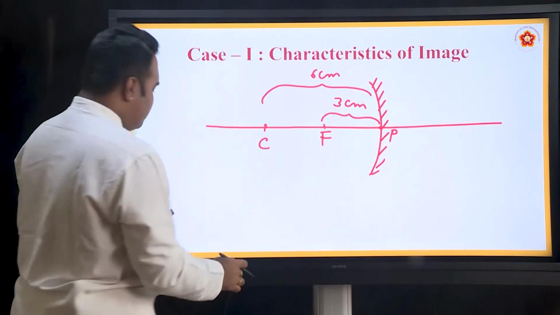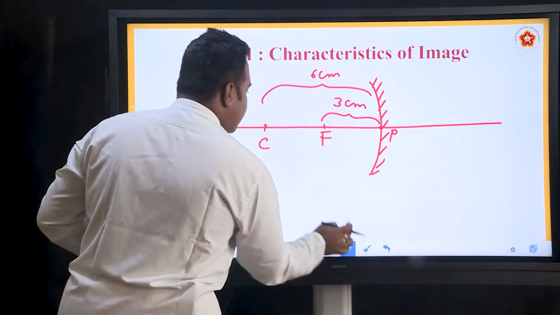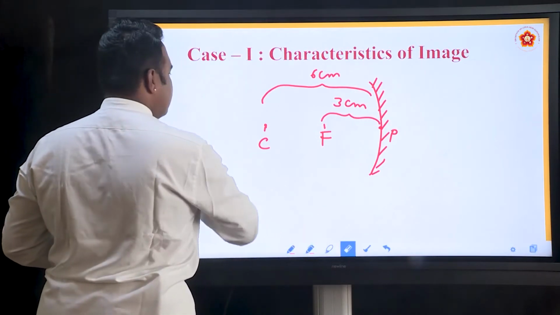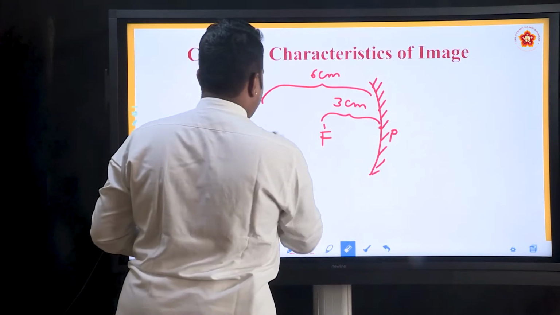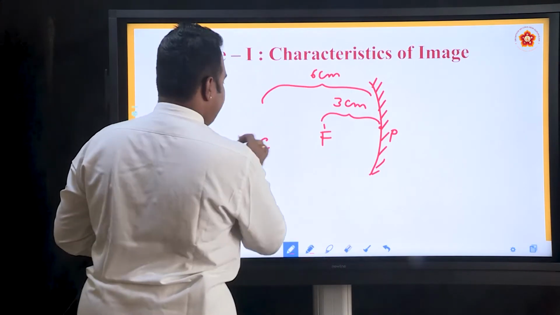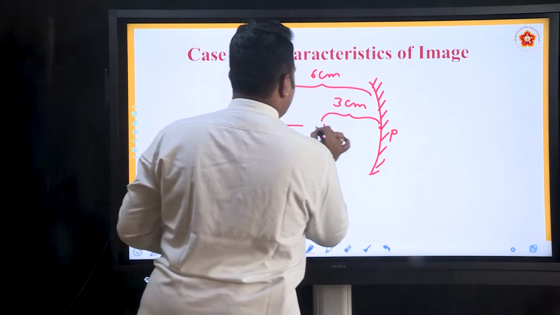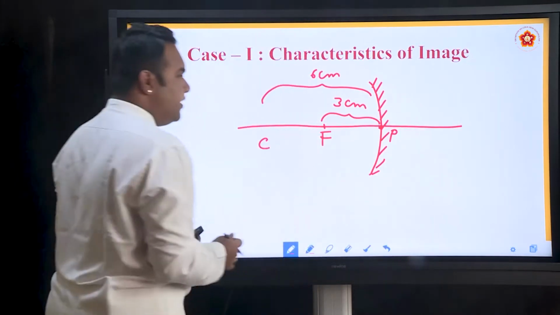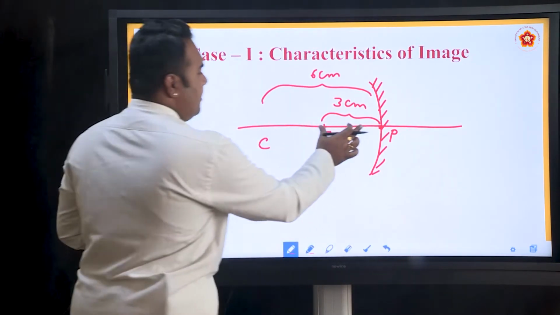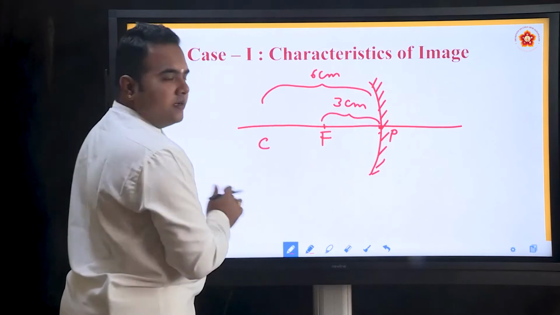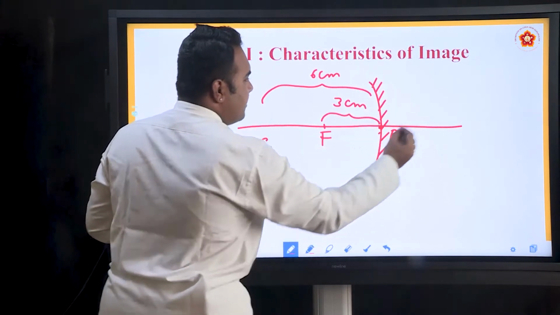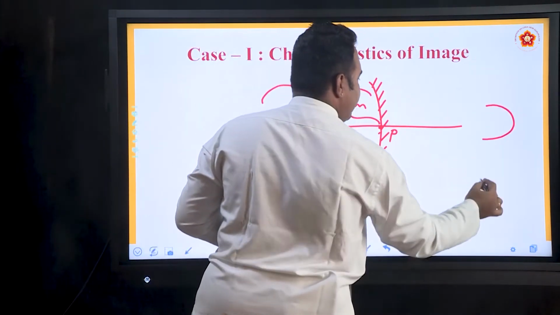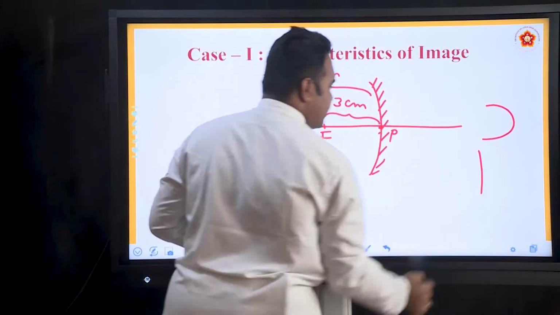So this is how we draw the image. We need to use a scale and take the measurements. This need not be completely curved this way, nor should it be almost like a straight line.